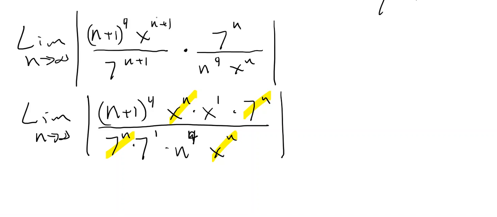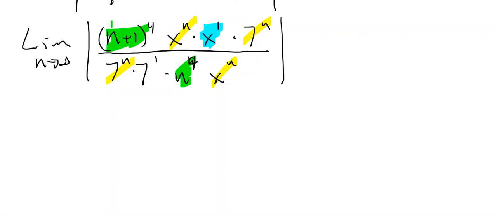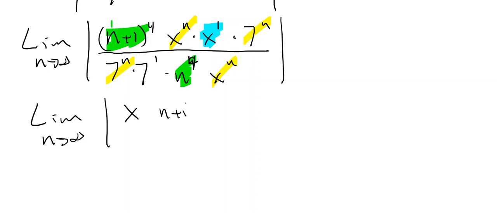And so what we have is our x here, and then we have n plus 1 to the fourth over n to the fourth. So we could write that as the limit as n approaches infinity of x times n plus 1 to the fourth all over n to the fourth.